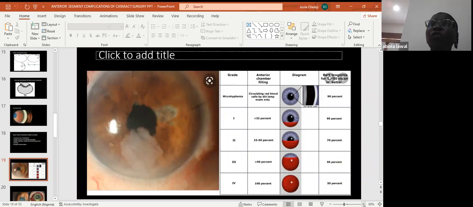And also the location of the lens fragments will affect the management. If it's within the pupillary area, blocking the patient's view, it's just better to go in and wash it out. But if it's peripheral, it's small, it can get absorbed over time.